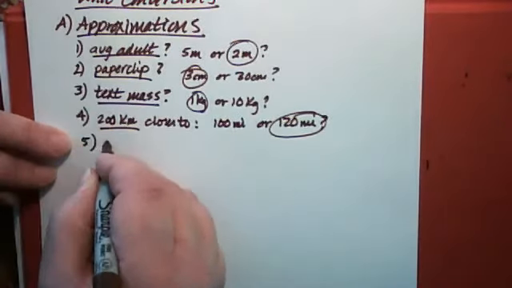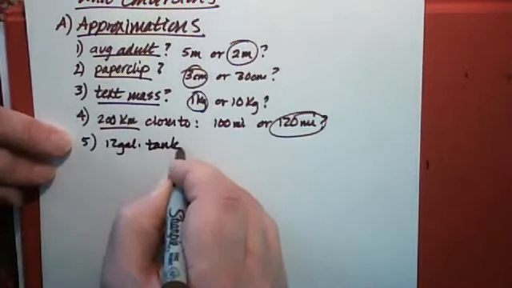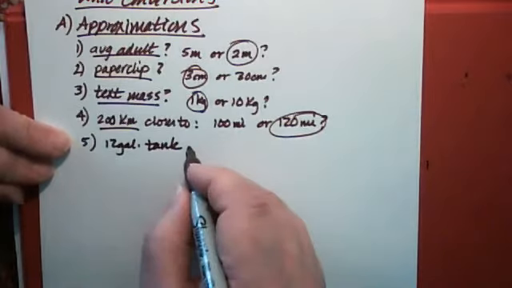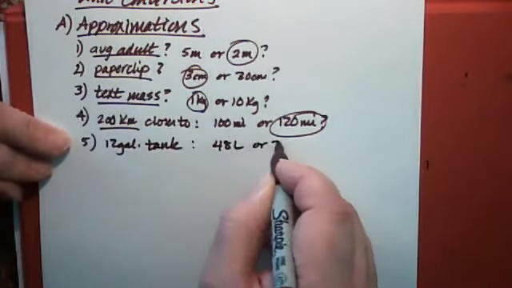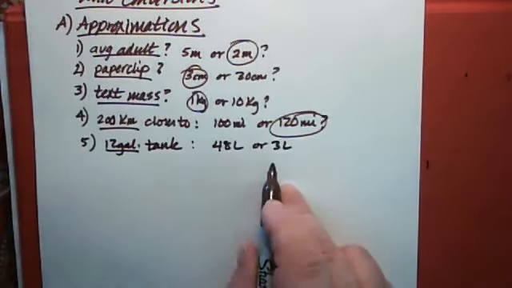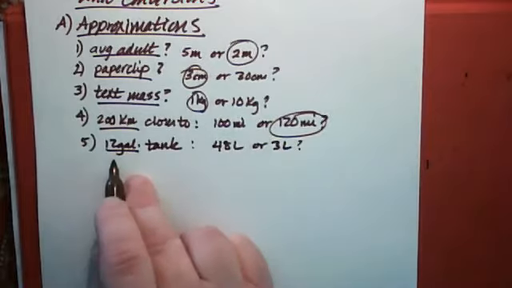Okay. If you're filling a 12-gallon fuel tank from empty, how many liters would it take? Well, remember that a liter is about a quart, so there should be 4 quarts in every gallon.